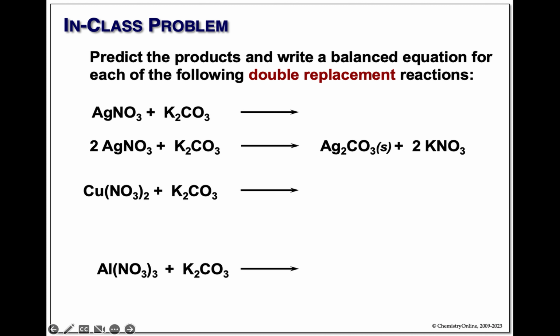Look at the next one. Carbonate will pair with the copper and give us insoluble copper 2 carbonate.